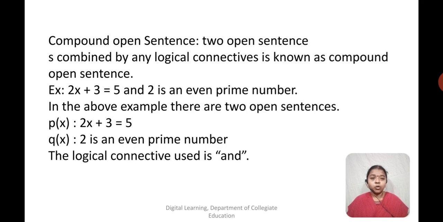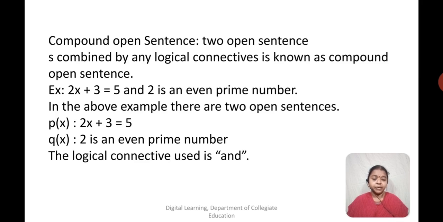Now let us see what a compound open sentence is. As I told you, when I say compound, it is 2 or more. So two open sentences combined by any logical connective is known as a compound open sentence. This is similar to compound propositions, but here we will have a variable.